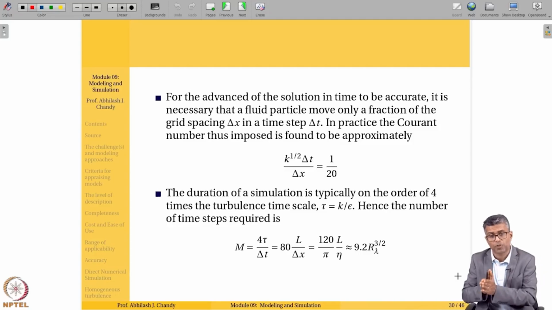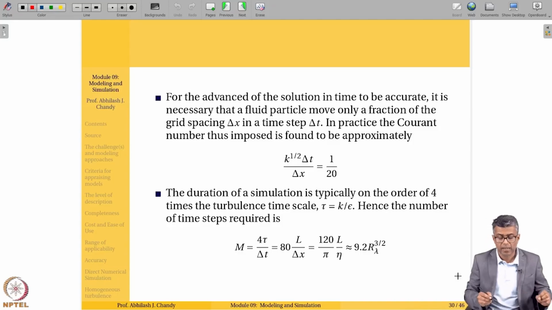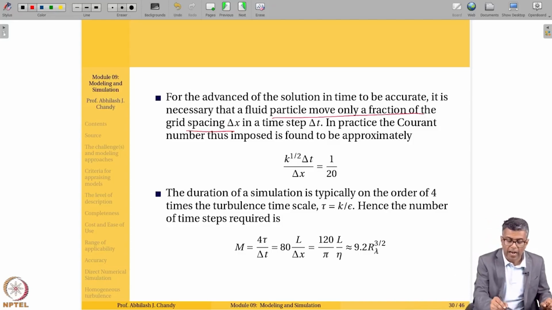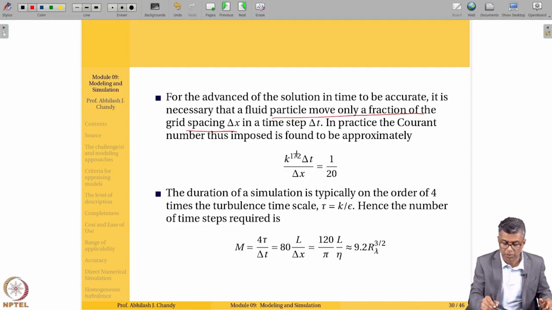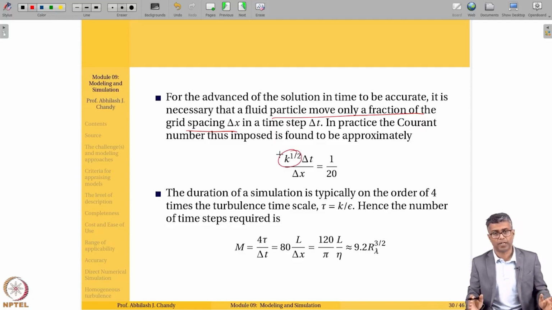So the advancement of the solution in time should also be accurate. That means it is necessary that a fluid particle move only a fraction of the grid spacing in the time step delta t, right? It cannot move one full grid spacing or more than that. Then you will be temporally inaccurate. One way to do that is to use the RMS velocity as an estimate. The RMS velocity can be taken as the square root of the turbulent kinetic energy, multiplied by delta t divided by delta x.